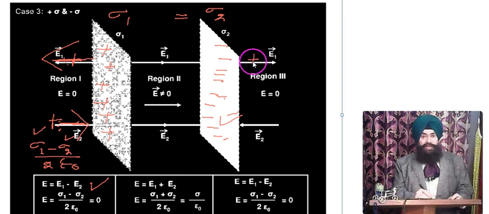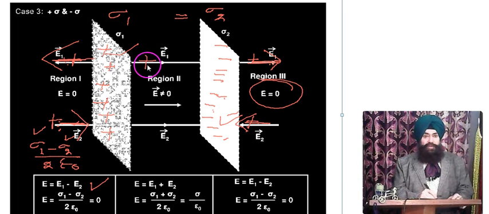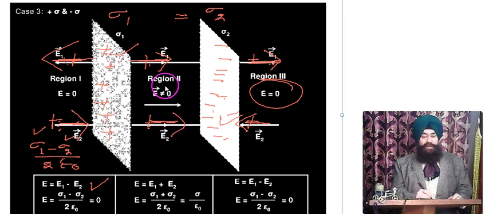Similarly here, a positive charge will be repelled because of this sheet, and attracted because of the other sheet. Opposite in direction, same in magnitude, resultant intensity 0. Put a positive charge here, because of this sheet it will be repelled. Put a positive charge here, because of this sheet it will be attracted.